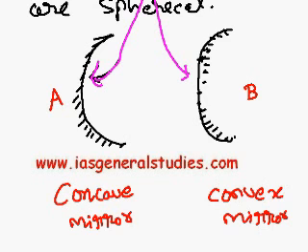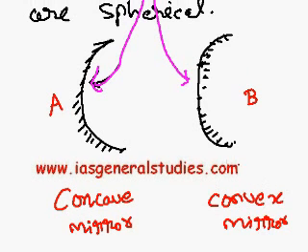If you have the reflecting surface inside the curvature, it is called a concave mirror. And if you have the reflecting surface outside the curvature, it is called a convex mirror. We have some other important terms regarding the spherical mirror, and those things will continue in the next part.